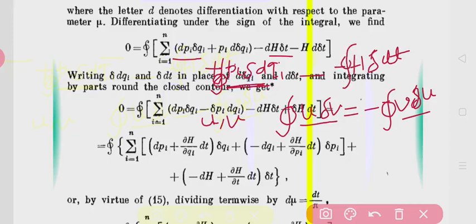So when you apply this result over here, what will you obtain? Delta will be applied to this thing. There will be a minus sign, minus delta of pi and dqi, right? Like this, delta is applied and v remains as it is. Similarly, when you apply this result over here, it will be minus minus plus, and that will be the integral along the closed curve of delta of h into dt.